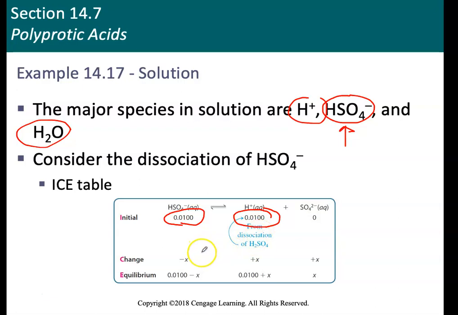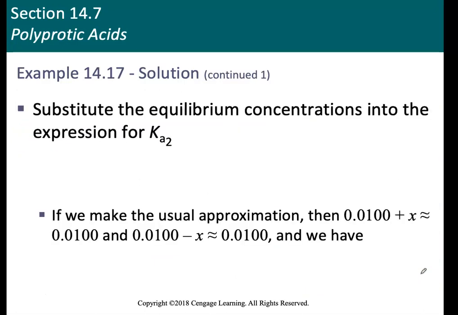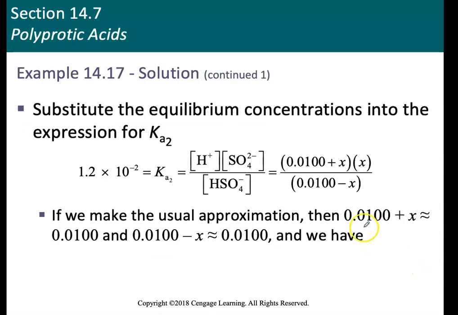All right, let's look at the change. It will be minus x, plus x, plus x, and at equilibrium 0.01 minus x. Now notice 0.01 plus x, and this one is x. All right, so let's look at the equilibrium constant expression.